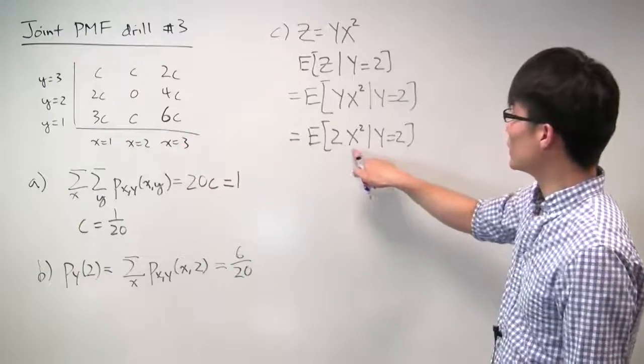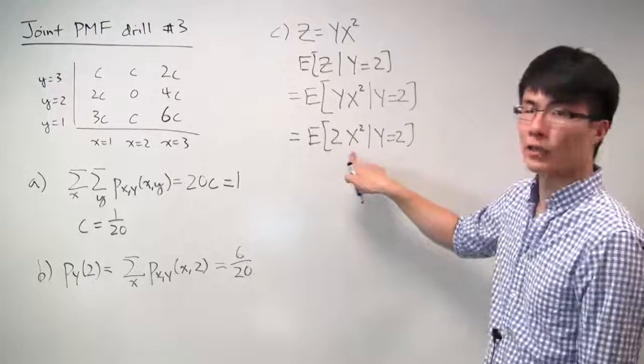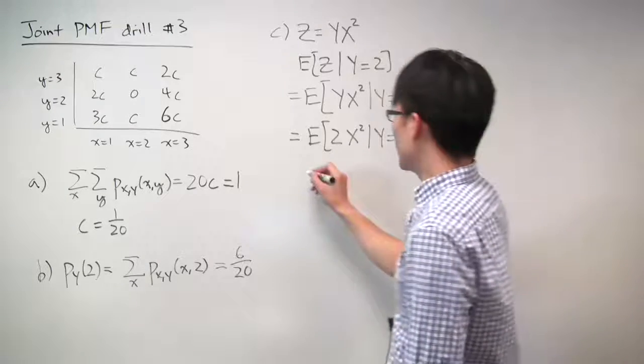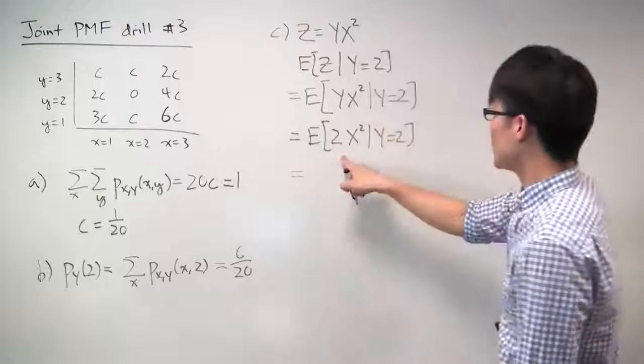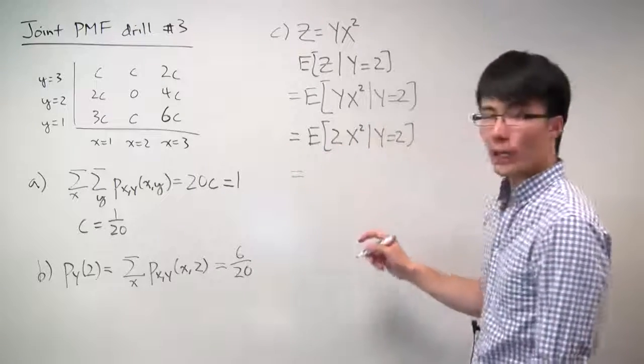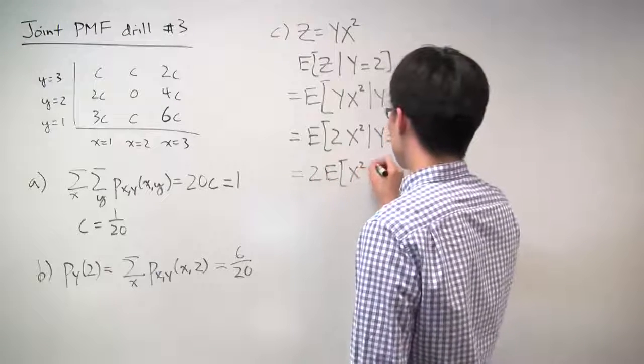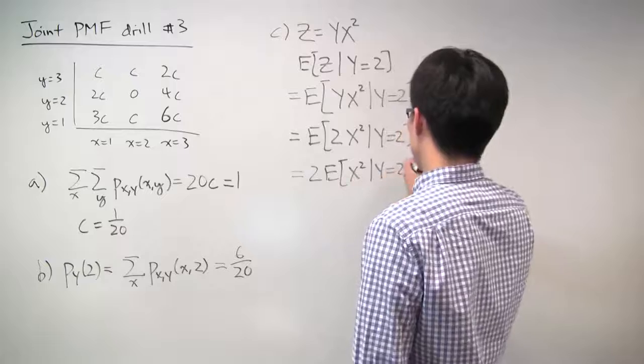So we need to, in general, keep this conditioning because it may affect the expectation of x. Okay, so this is just a constant, so we can also just pull that out. So what we really need to do now is find the expectation of x squared conditioned on y equals 2.